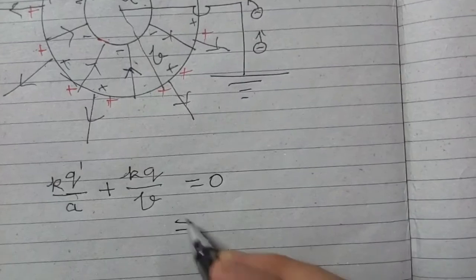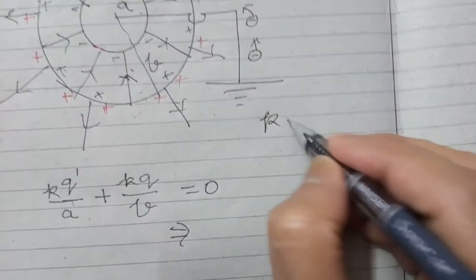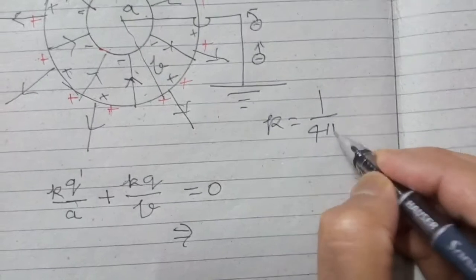Here k is nothing but our constant 1 upon 4 pi epsilon naught.